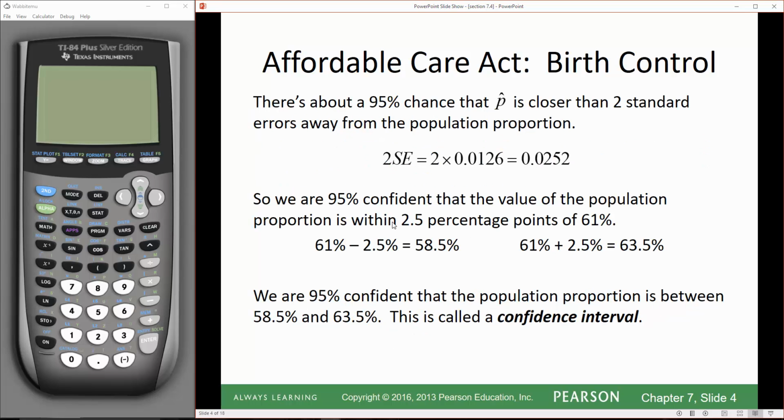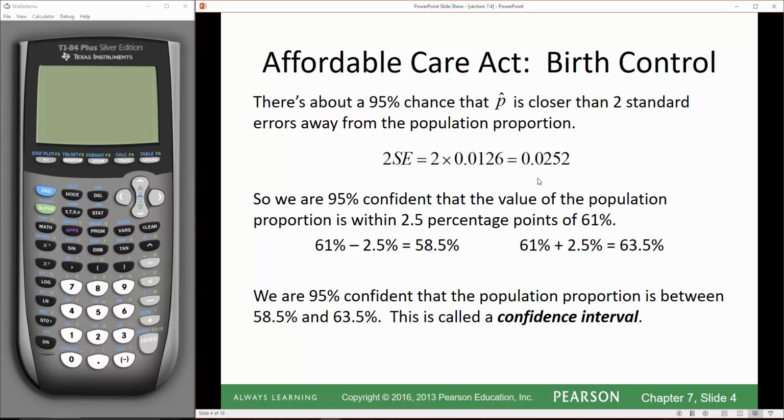So there's about a 95% chance that p hat is closer than two standard errors away from the population proportion. Right? So it's within two standard errors. If I find two standard errors, we get 0.0252.